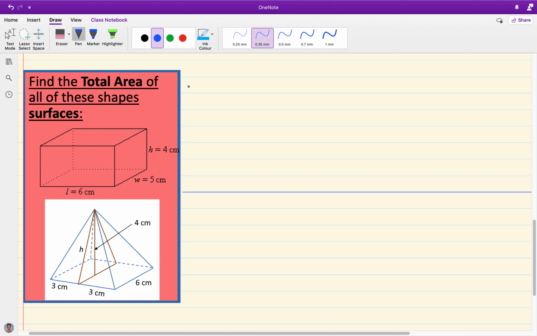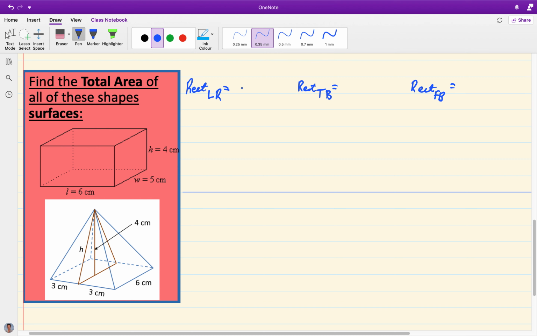So I'm going to call them rectangle LR for left and right, then rectangle TB for top and bottom, and then lastly rectangle front and back. So there are our three pairs.